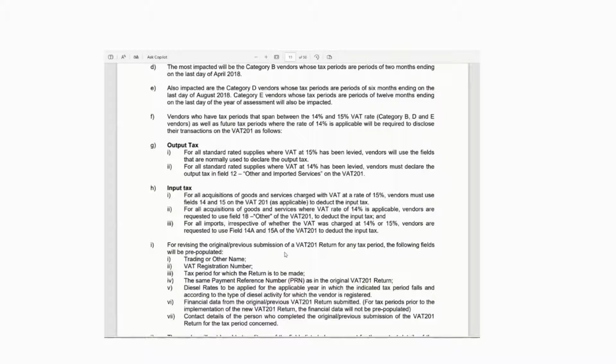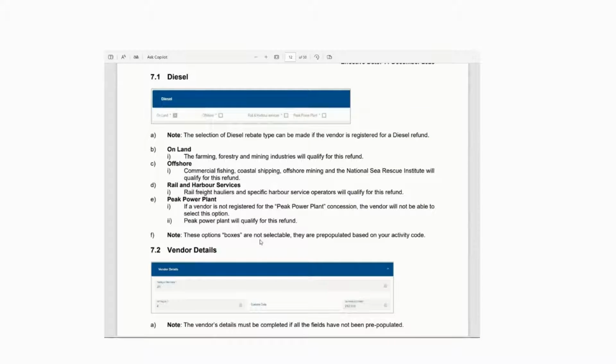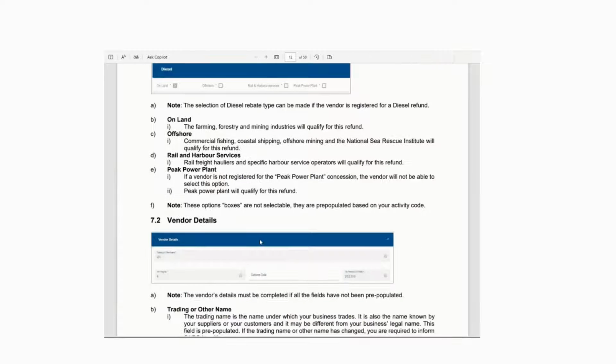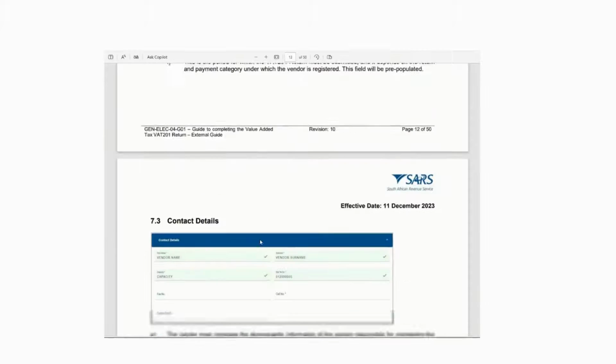And input tax is what you have sold from your company, either your services or your goods, and the output is what you have purchased for you to provide those services. So, that's the main principle. What is the difference between your input and your output tax? And that difference is what you need to pay to SARS.